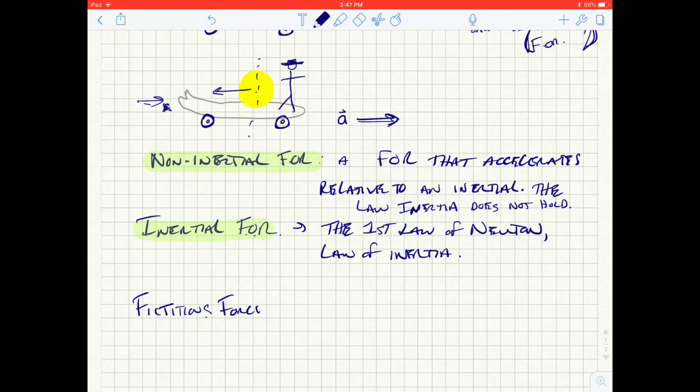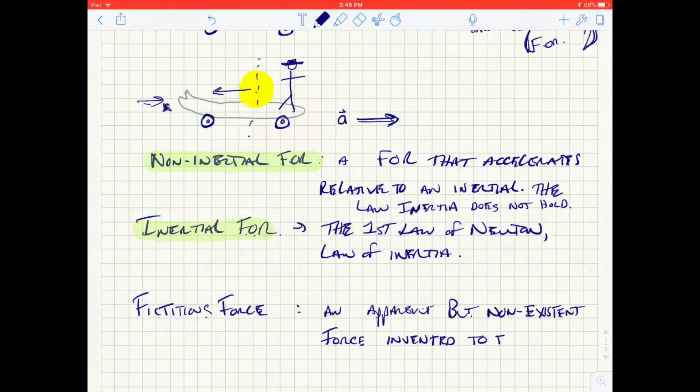And you'll hear a couple of terms that we use in order to describe these apparent forces. One of them is a fictitious force, which we can define as an apparent but really non-existent force which we invent so that we can explain the motion of objects.